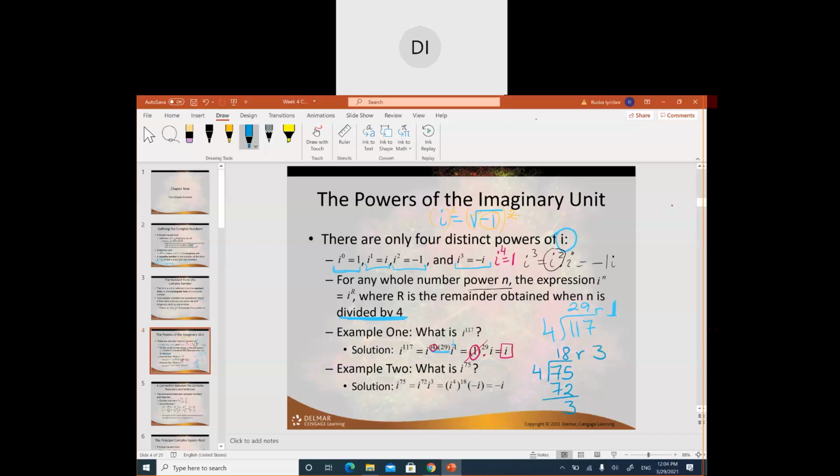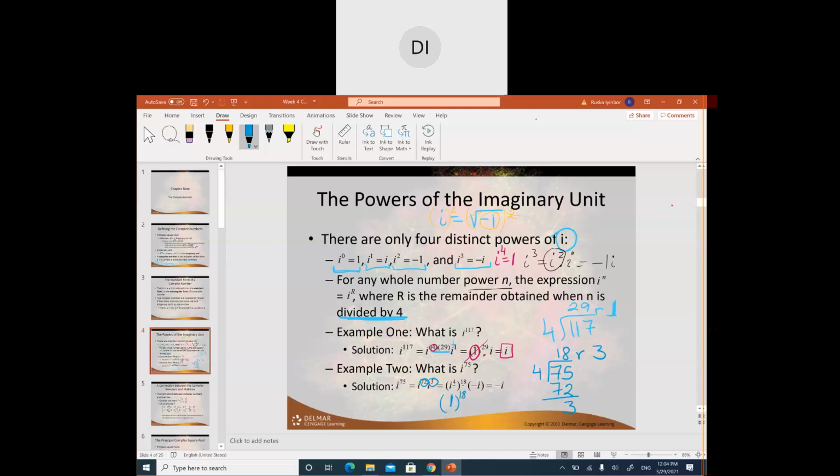Okay? Technically what they did here, they represent 75 as 72 plus 3. And 72 is 4 times 18. So here 4 times 18 is 72, and then you have i cubed. So now i to the 4 is 1, 1 to the 18 is also 1, right?